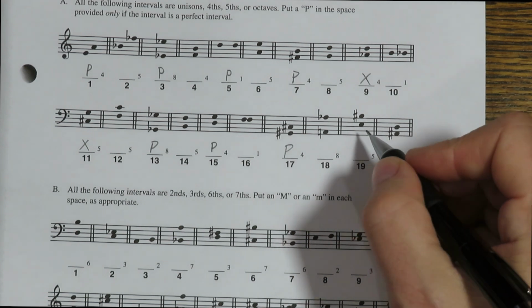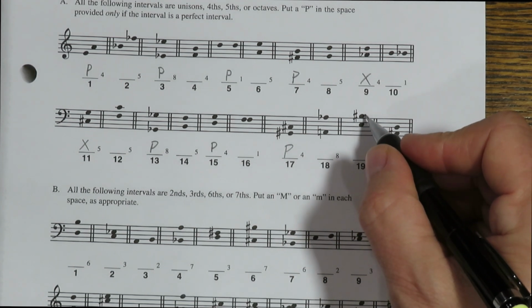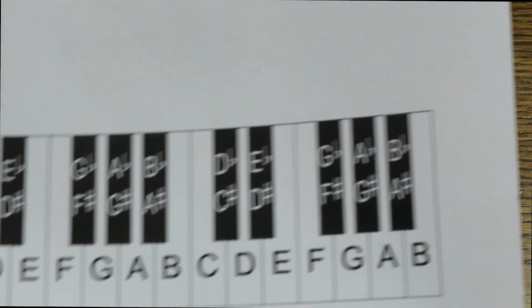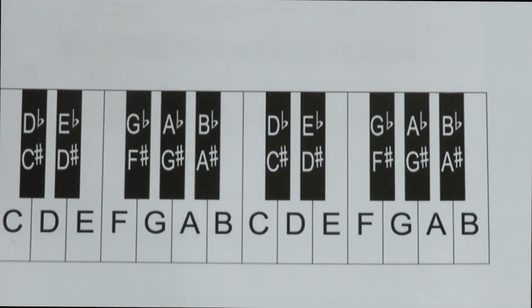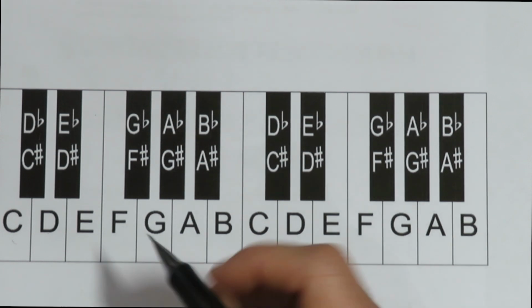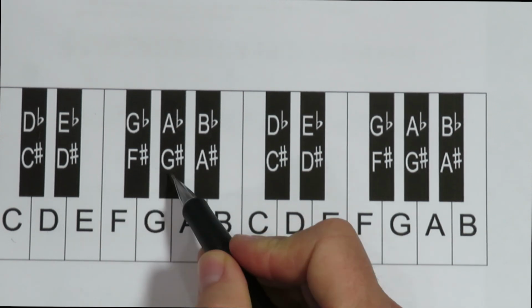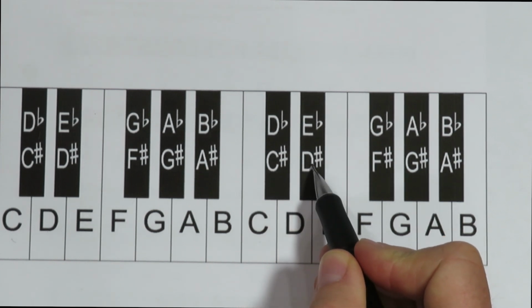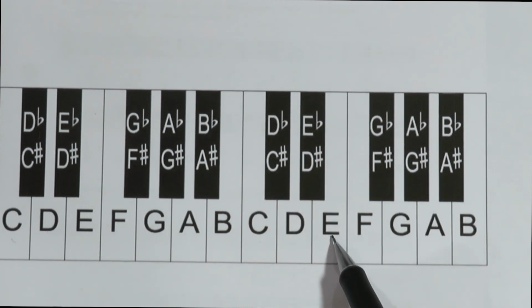And here we go. E to B sharp. I don't think B sharp belongs in the E major scale, right? So we have whole, half, whole, half.